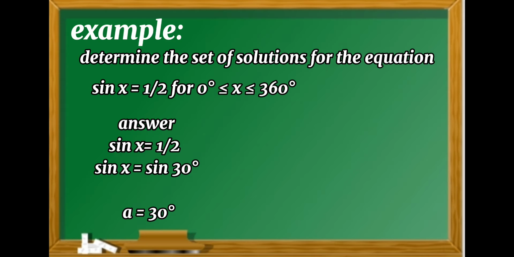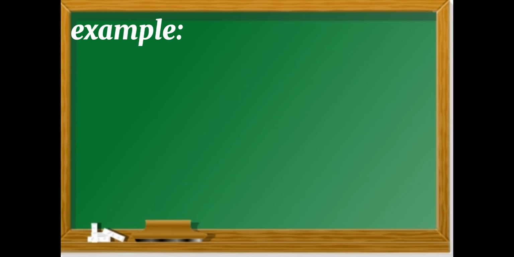How do we determine k? For k equals 0, x equals 30 degrees plus 0 times 360 degrees, so the result is x equals 30 degrees.